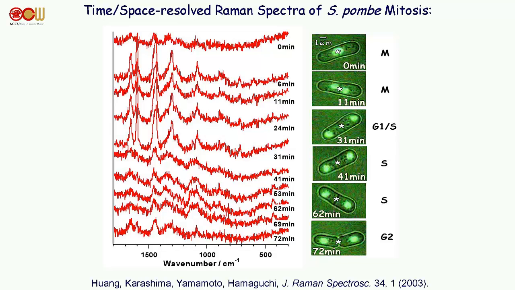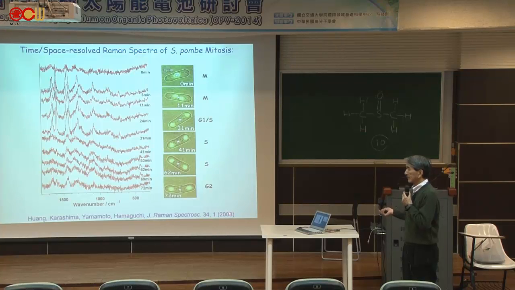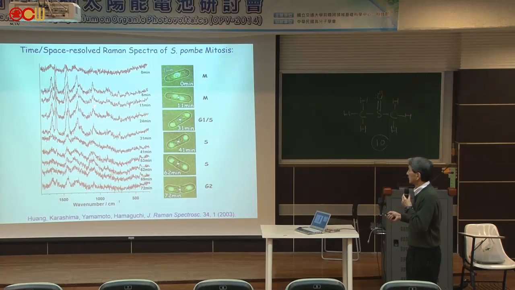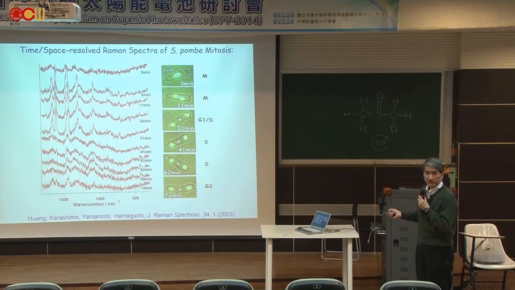So this is the first result which we obtained about 10 years ago. So Yu-san is here. And in this experiment, we have yeast under a microscope, and we fix our laser beam here and wait for the cell to divide.